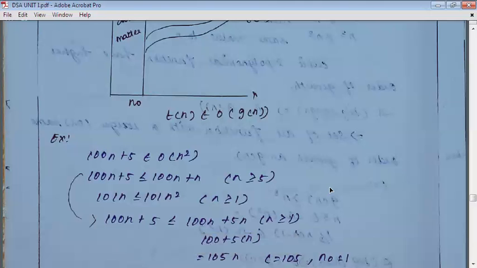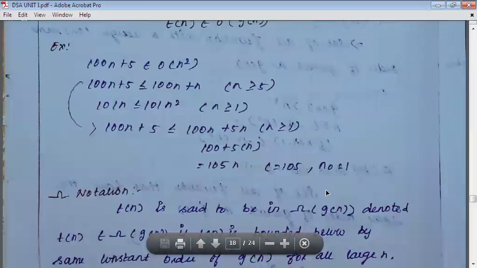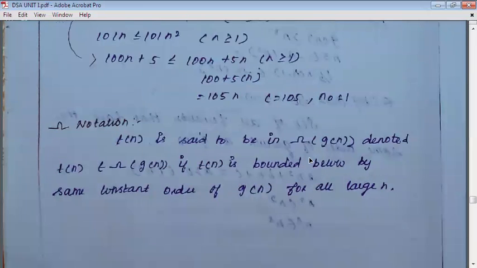So T of n is less than or equal to g of n, and this condition is satisfied.